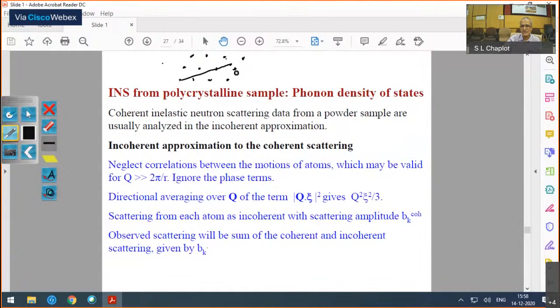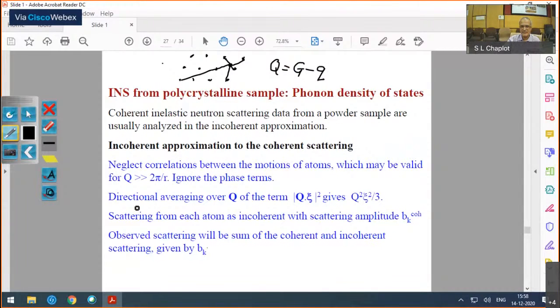So your small q can be this, this, this, and so on. A large number of small q vectors. For a given large Q, G is large, and all the points around. So a large number of phonons may be contributing to the same capital Q. And so on the average, one can ignore the phase relationships, and that simplifies things. This is called the incoherent approximation.